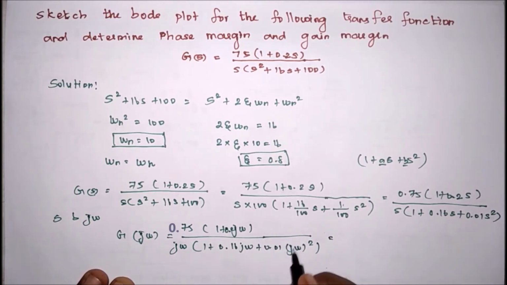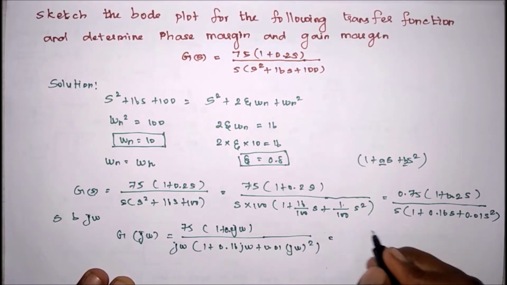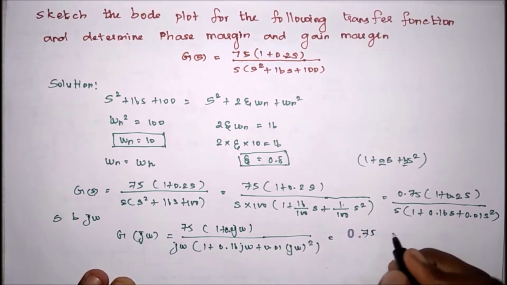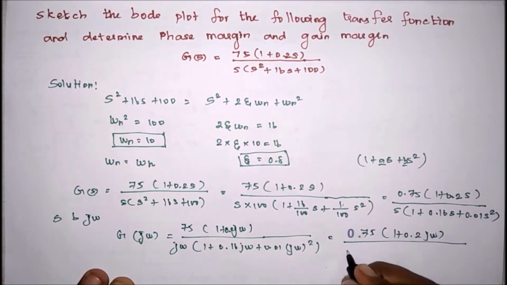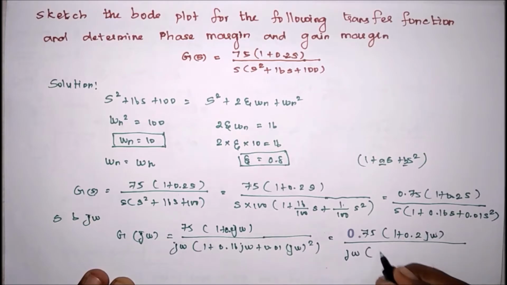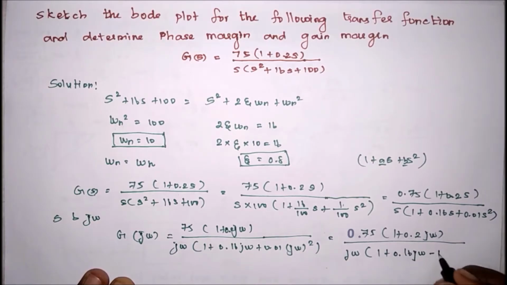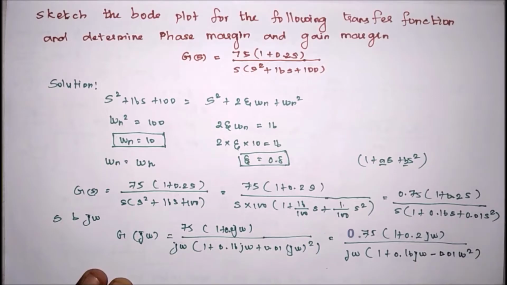Now we can simplify (jω)^2. We get 0.75(1 + 0.2jω) divided by jω(1 + 0.16jω). j^2 is minus 1, therefore minus 0.01ω^2.